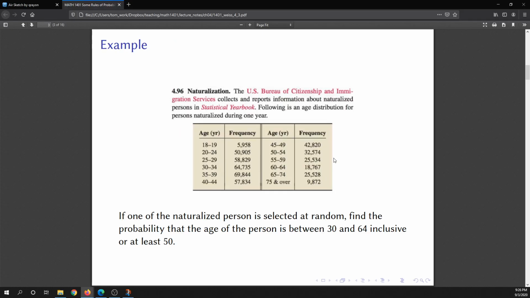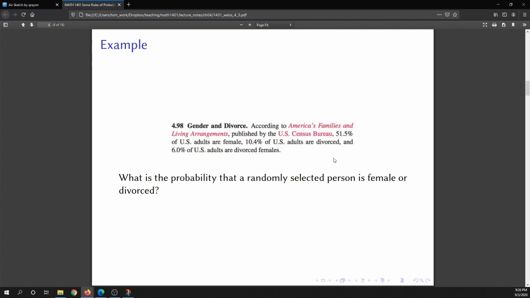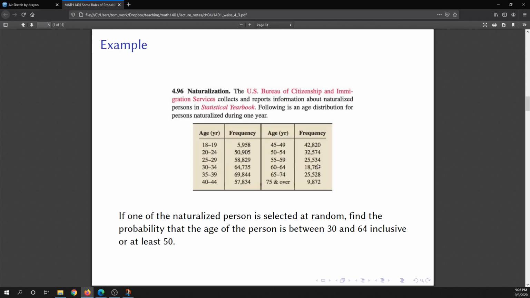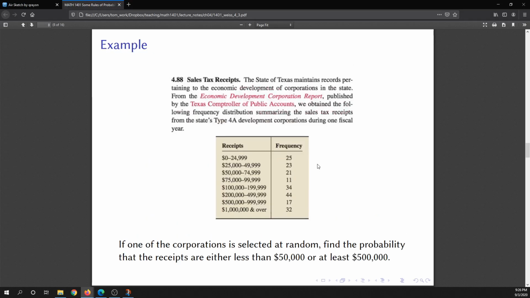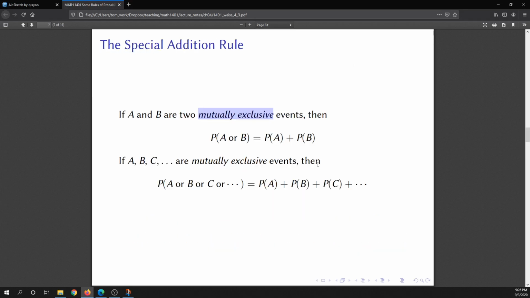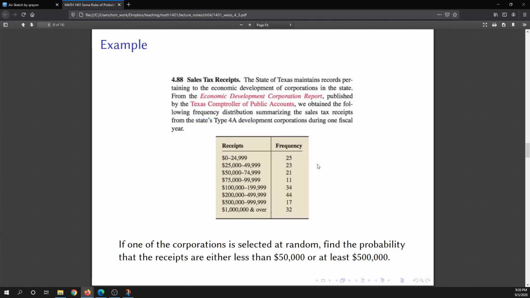There's plenty of times, though, where that's not going to work, like in problem 4.98 in the previous video. You can't use the special addition rule in there. All right, so that's the special addition rule.